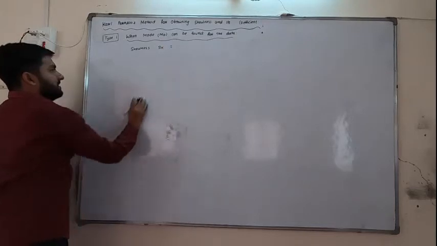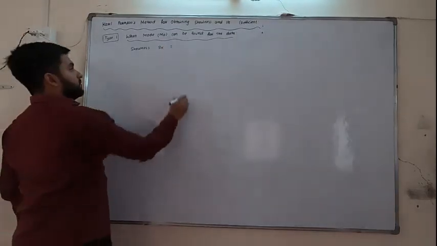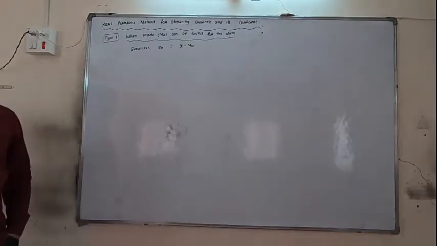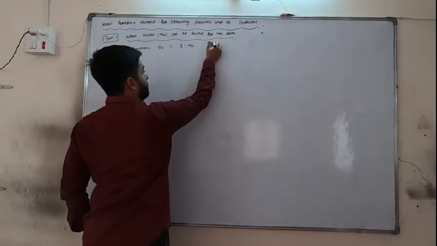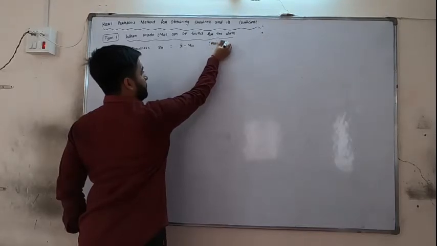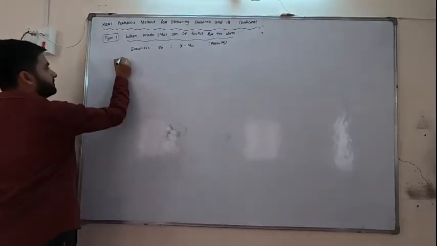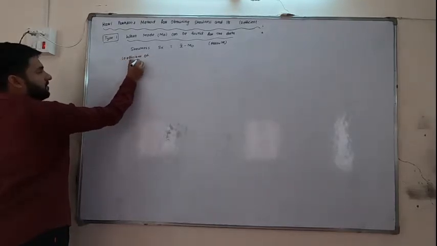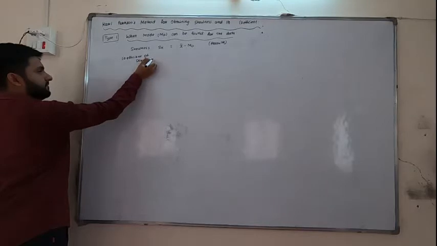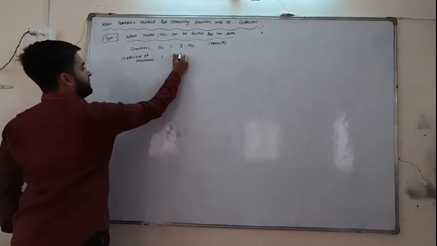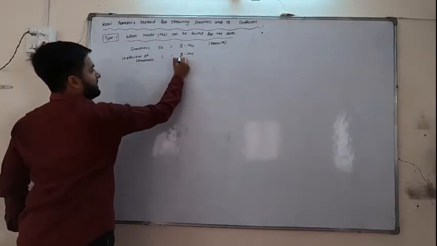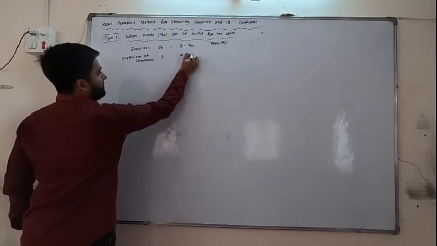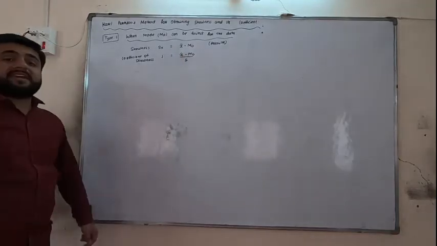Skewness SK is equal to x bar minus MO. This is the absolute measure. Then coefficient of skewness, denoted by J, is x bar minus MO divided by S, where S is the standard deviation.